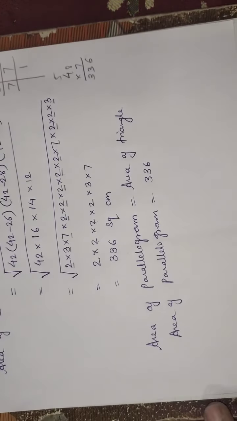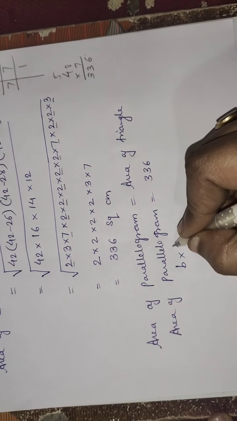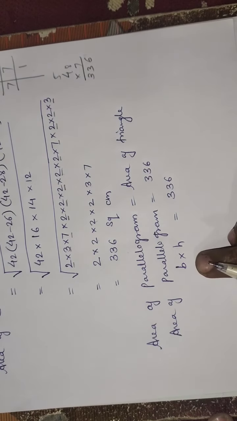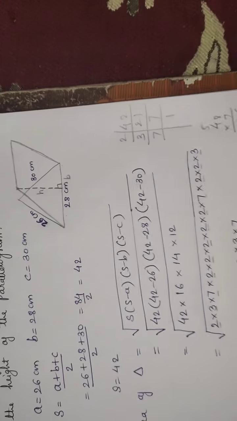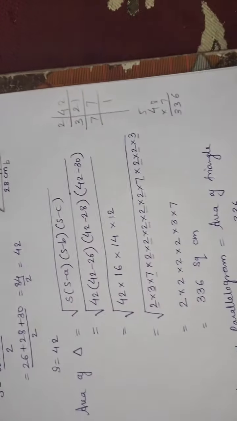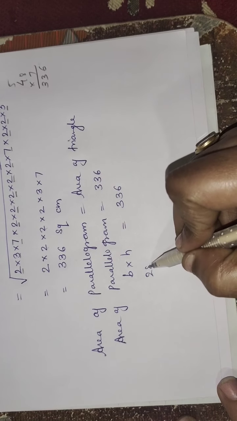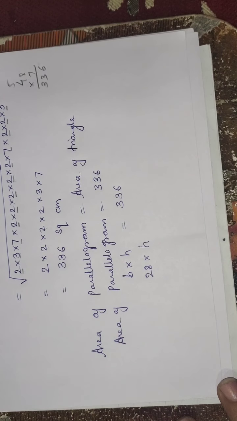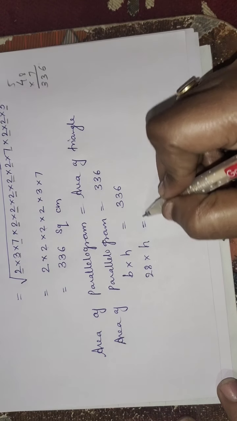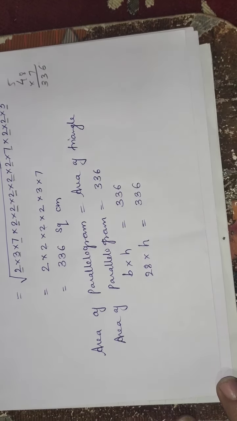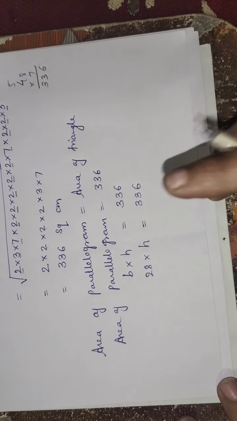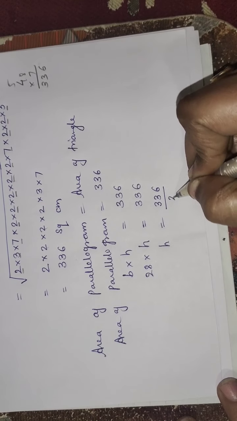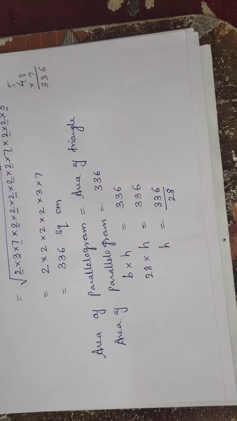So the area of the parallelogram, the formula is base into height, and that is equal to 336. What is the base of the parallelogram? That is 28. So here will come 28 multiplied by height. The height is unknown, we have to find it. So 28 into h is equal to 336. 28 will be shifted here, so h is equal to 336 upon 28.